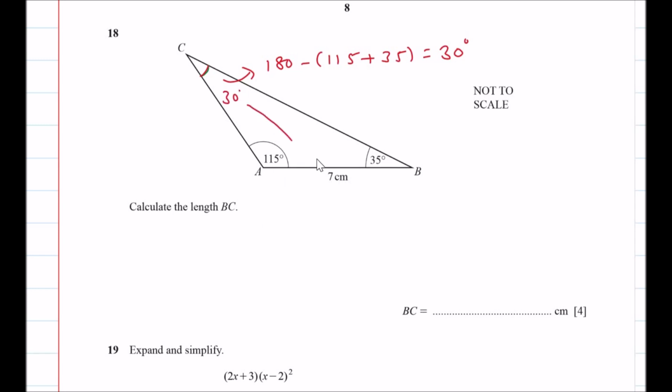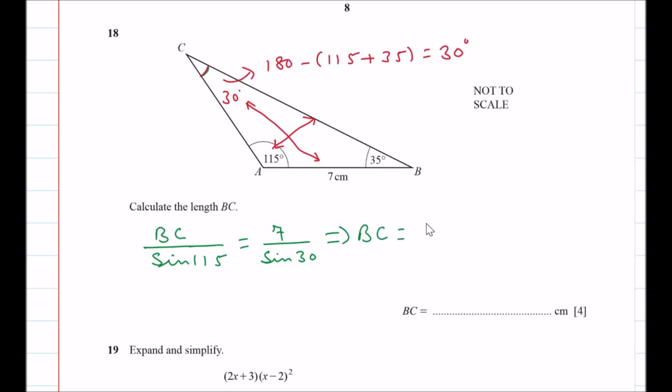So let us make a pair of angle and side. Same way we can make a pair here. This side BC we have to find out. So we apply the sine rule now. BC by sine 115 is equal to 7 by sine of 30. This implies that we can make BC the subject.